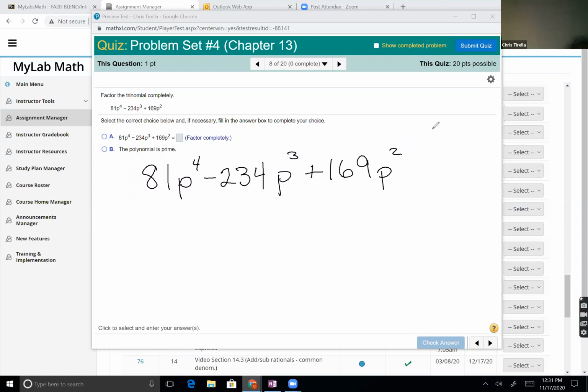Anything in common? Maybe like 9p. Well, I know 9 goes into this. I think 9 will go into this because those add to 9. I don't think 9 goes into 169.